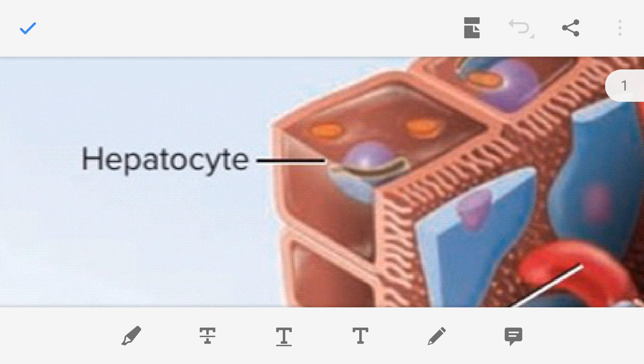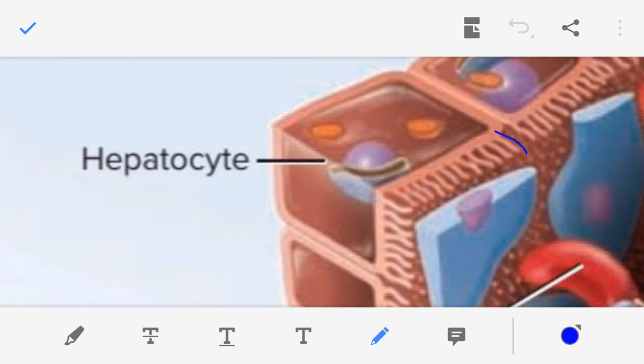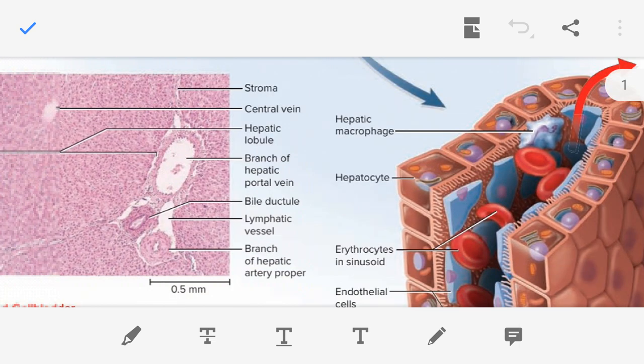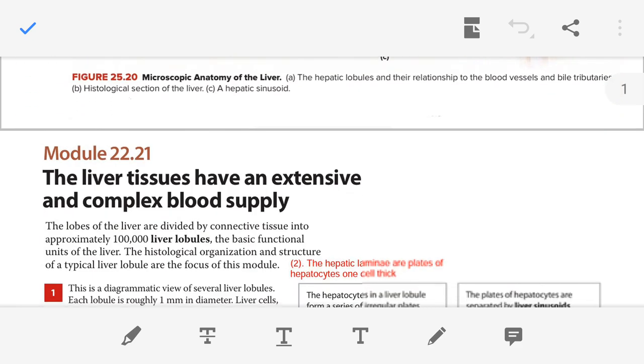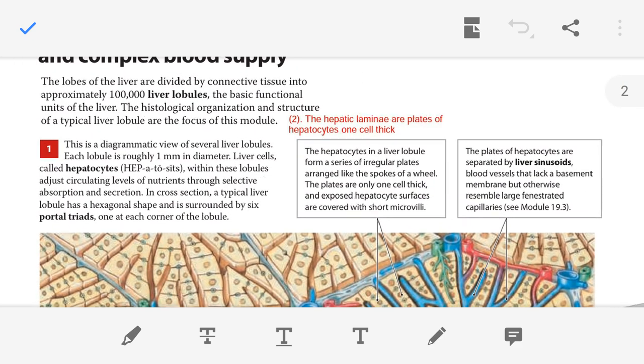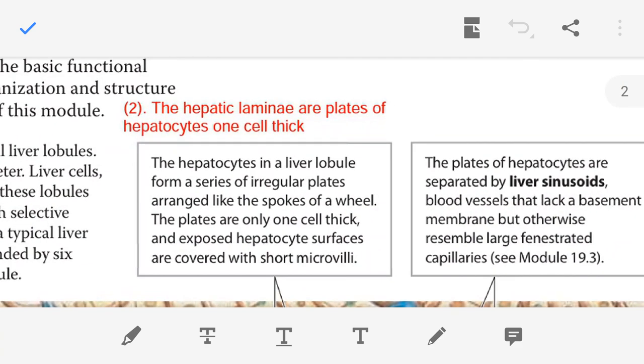Now you can see these are all microvilli. So on the surface of the hepatocyte, the microvilli are present. So this was the second point regarding the hepatic lamina.